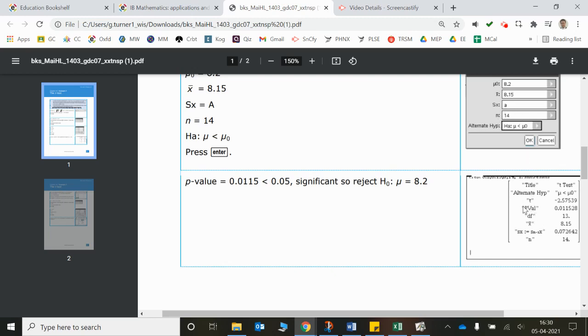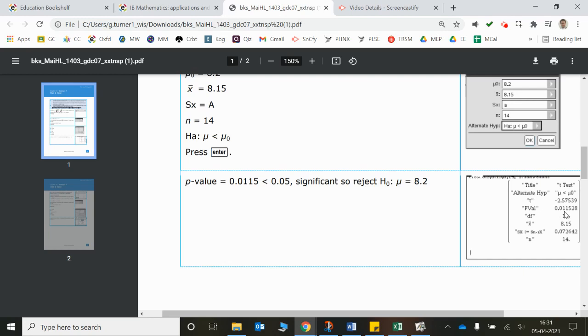So the p-value is the thing that you're interested in. We want the p-value to be less than 5% in order to reject the null hypothesis. And in this case, you can see it's 0.011528. Now for me, it's 0.01149566.